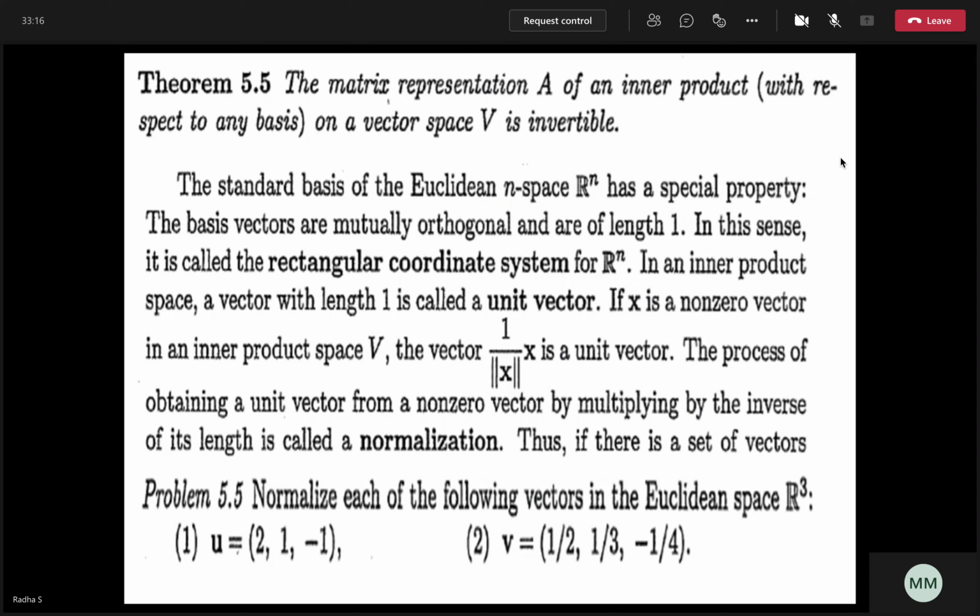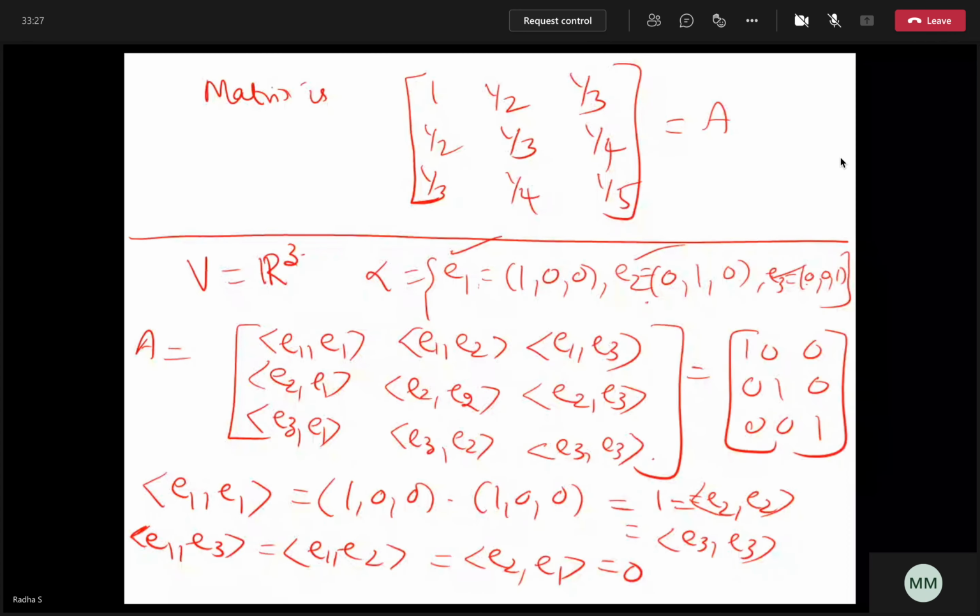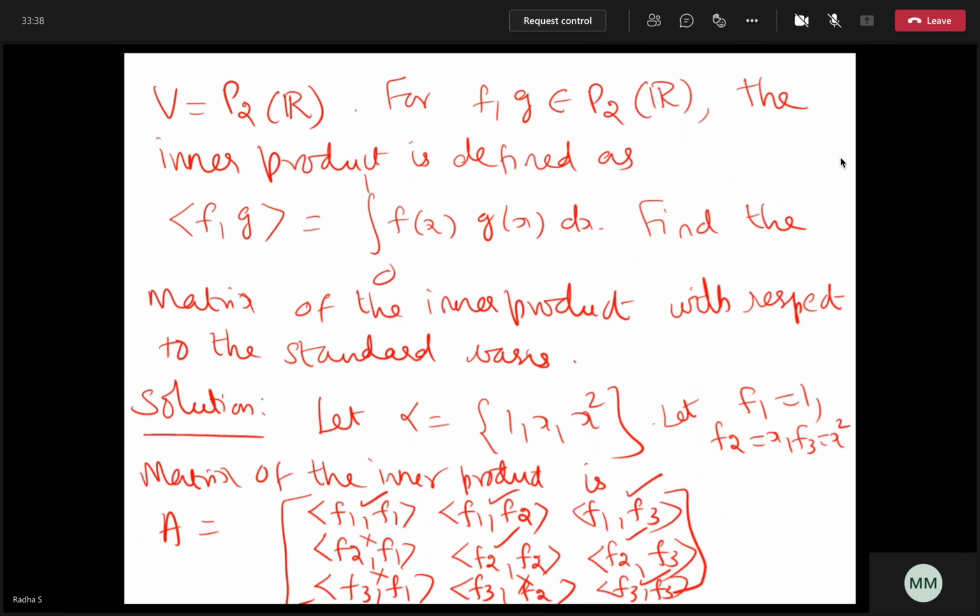Very important: the matrix representation of an inner product with respect to any basis. Ma'am, can you show the previous one? Yes, should I go back? So what is the theorem for R cube, R power n, where we get the identity matrix?